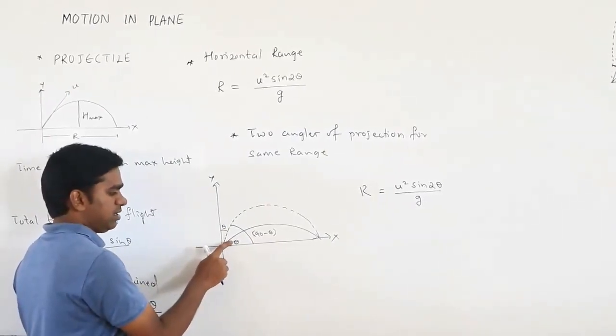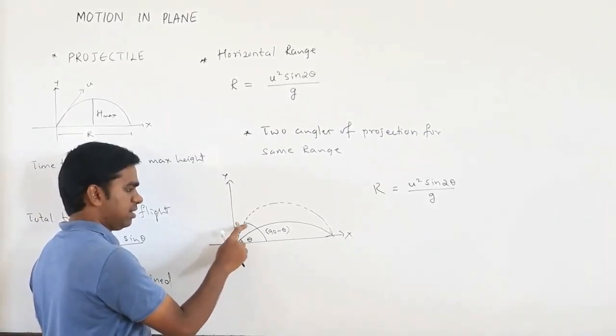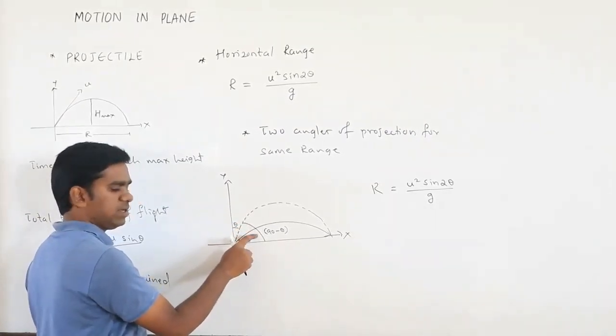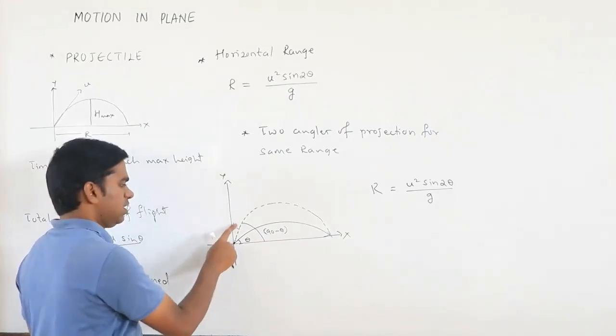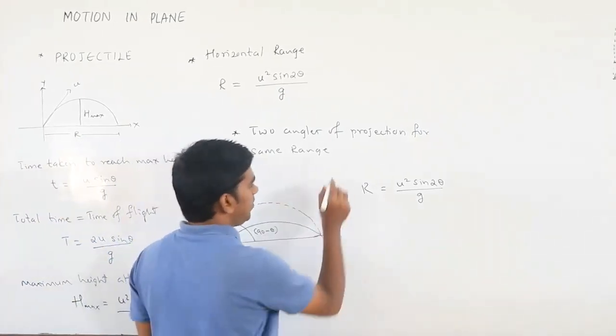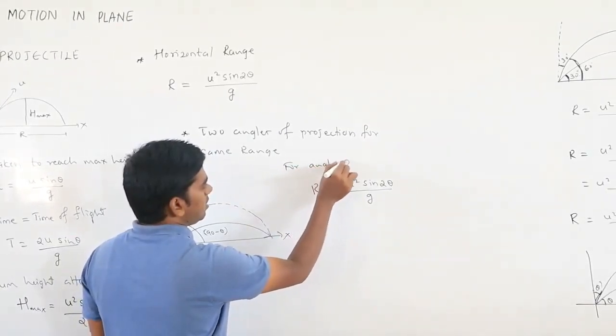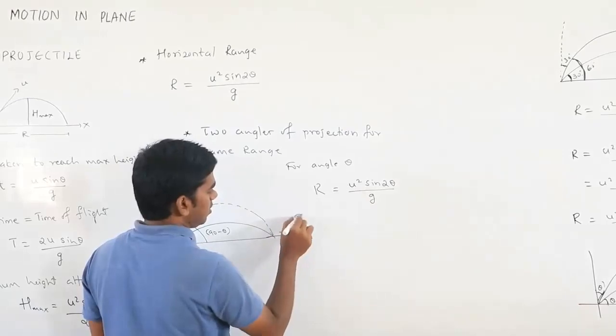So here theta is with horizontal, and this theta is with vertical. If this becomes theta, the other becomes 90 minus theta. So the other angle is 90 minus theta. For angle theta, the range is this one.